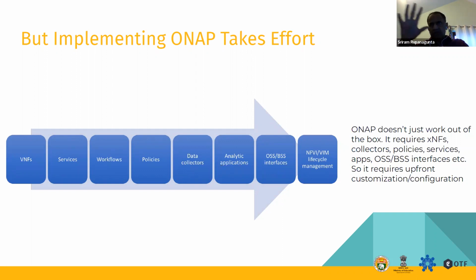Similarly, if you want to change some workflow which is already there in ONAP, you'll have to either write a new workflow or modify an existing workflow. So these are the things that need to be done to make ONAP do something useful. So it takes effort. It's not something where you can just install ONAP and expect something to happen.